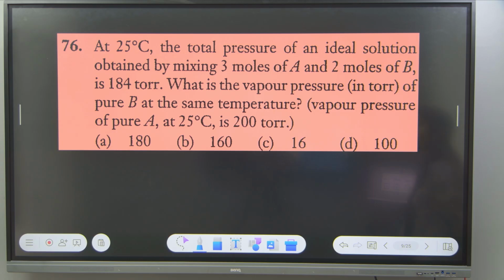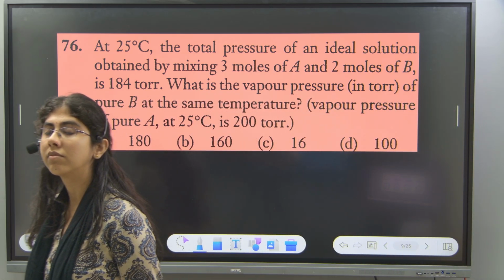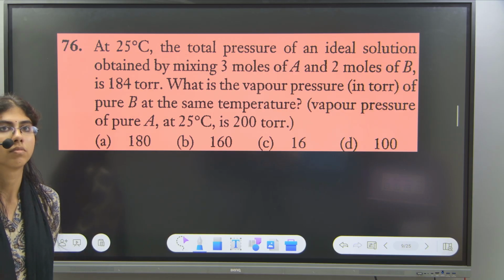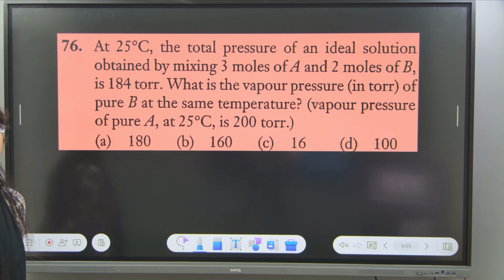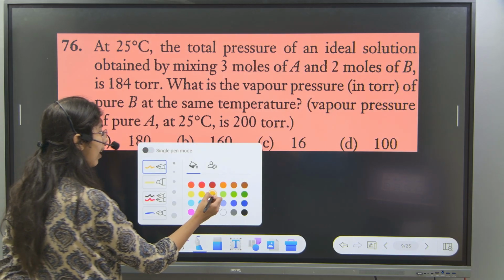Simple calculation, I guess. Which is that formula that you are going to apply?